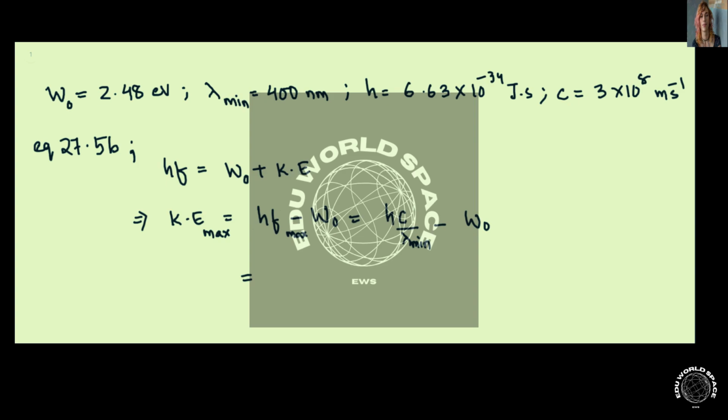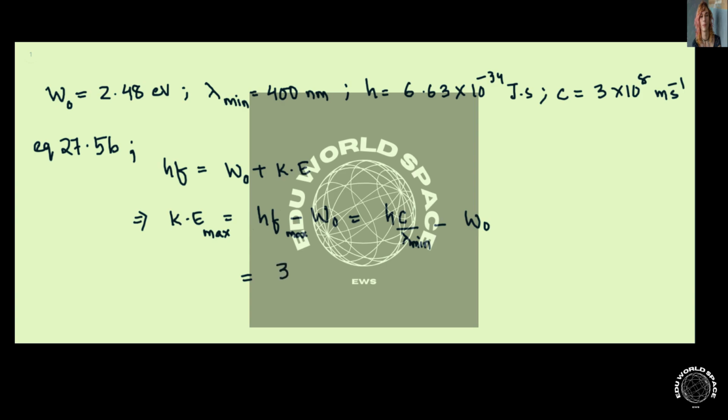So when we calculate hc over lambda min, we will get this value in terms of the units of joules. But the work function we have is in electron volt. So we need to make sure that we convert this from joules to electron volt when we do the whole calculation. So let's do it now.